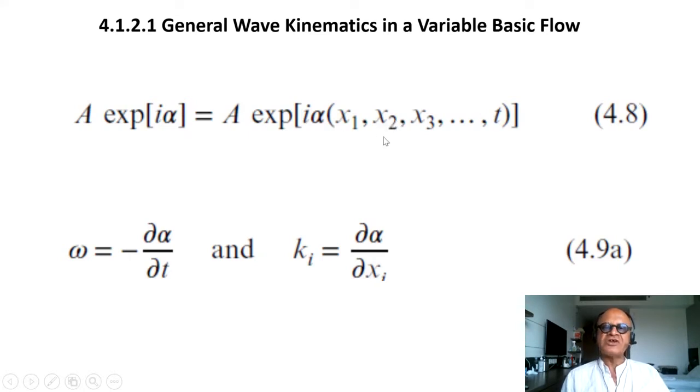We are not saying here x1, x2, x3 as x, y, z, but we are leaving them general because waves can disperse, like we said, in the pond in all directions. In this case, omega, the frequency, is minus ∂α/∂t, and the wave number in direction i is ∂α/∂xi. This is the simple definition that explains the waveform here.